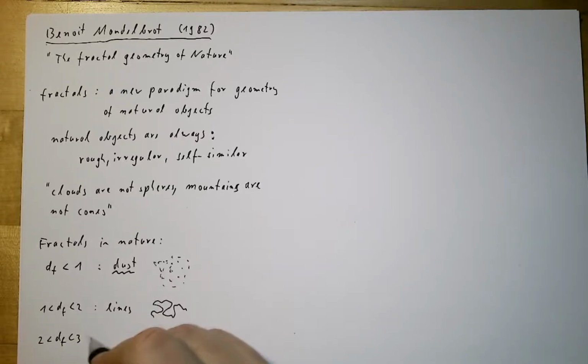That would be surfaces, rough surfaces. If you look at the bark of a tree, you find a rough surface. And you can have objects which have a fractal dimension larger than 3. That would be rough volumes.